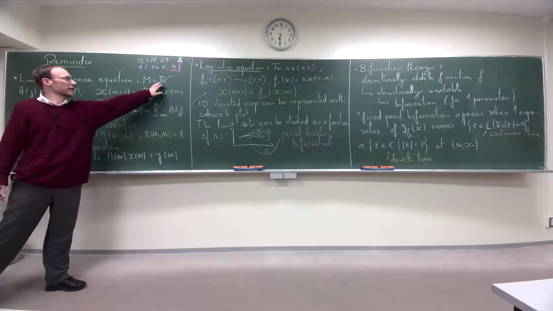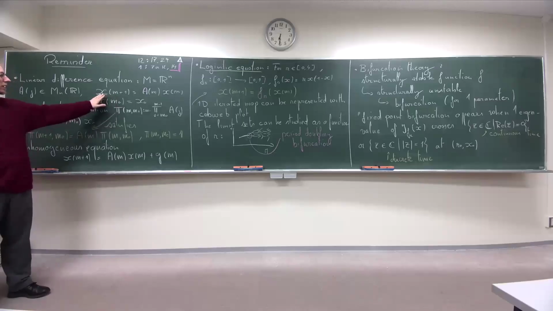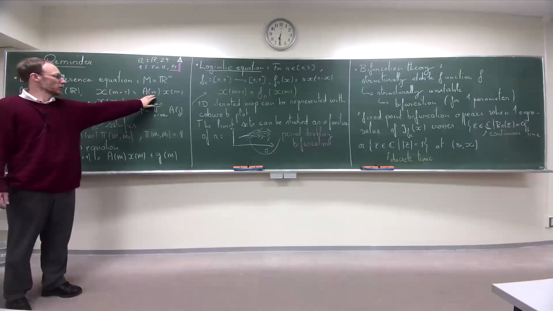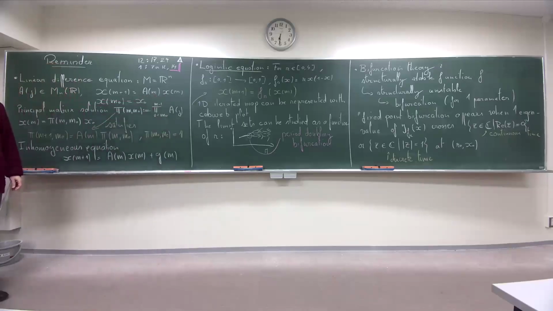It's taking place in Rn, and it's just with matrices. So what is it? You take a family of matrices n by n, and you define this equation. A vector at time n+1 is this matrix with index m applied to a vector obtained at time m.